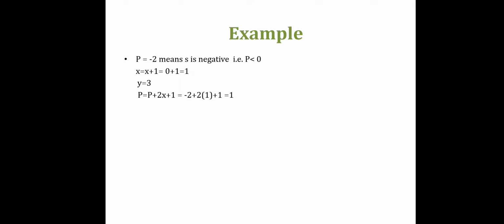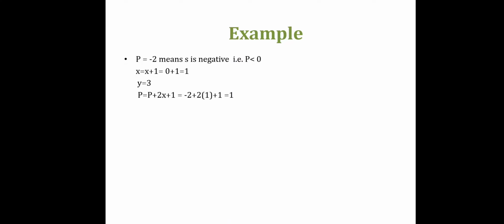So p is equal to minus 2, which means p is less than 0, and if p is less than 0, we just increment x by 1. So x is incremented as x is equal to x plus 1, that is 0 plus 1 is equal to 1, and we keep y as it is. y is nothing but r, which is 3.